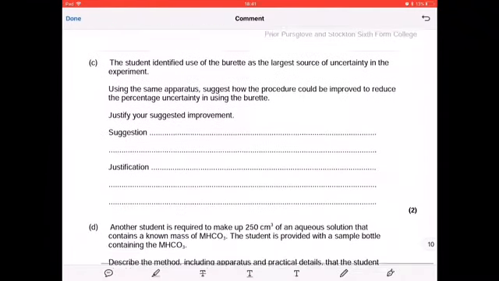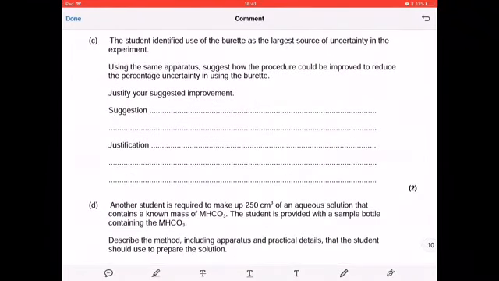The next question posed a little bit of a problem. I didn't see anyone get this right, and the key part of this is that it says using the same apparatus, suggest how a procedure could be improved to reduce percentage uncertainty. Now, this is a maths problem, but without you having to use any maths in particular.